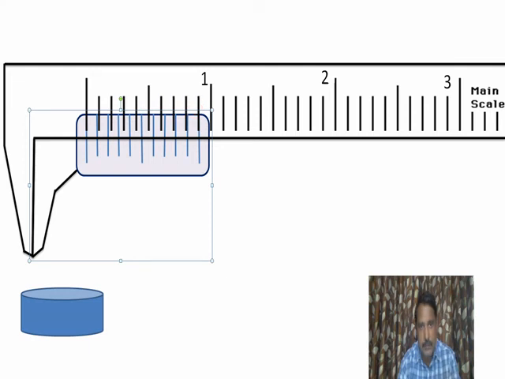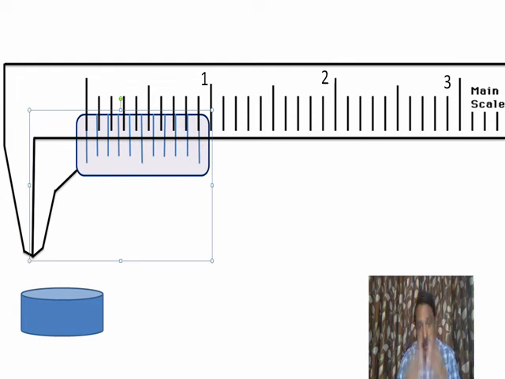And as you must have observed correctly, these are spaced within 9 divisions of main scale. 9 divisions, and these are the 10 divisions of vernier scale.